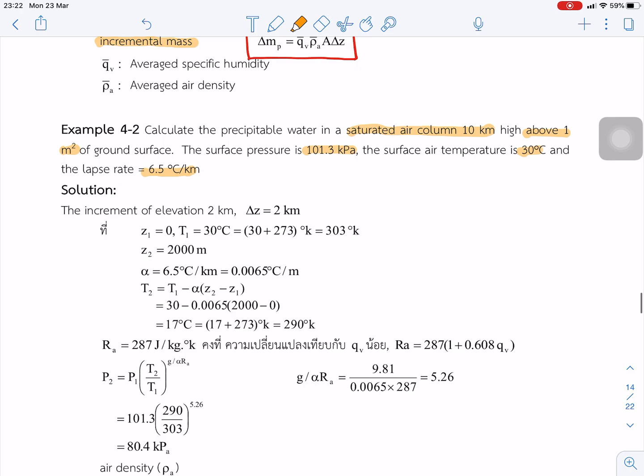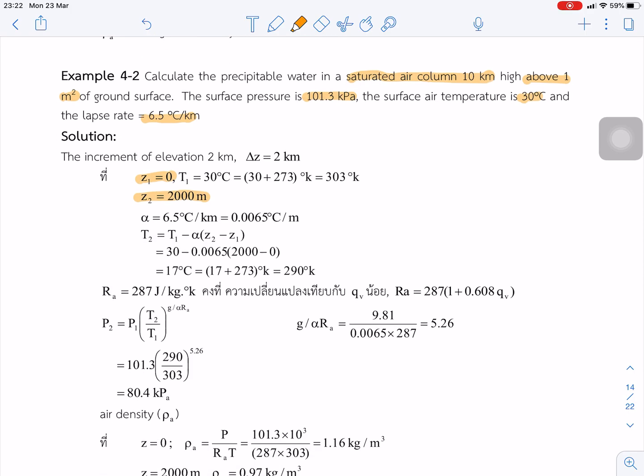In this case we can start from z equal to 0 and go to z equal to 2000 meters. We can estimate the temperature at z2 is about 16 degrees Celsius, or 290 degrees Kelvin.